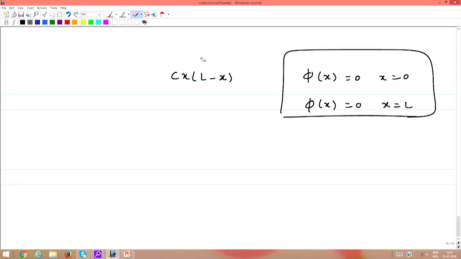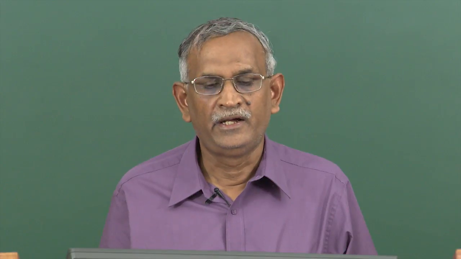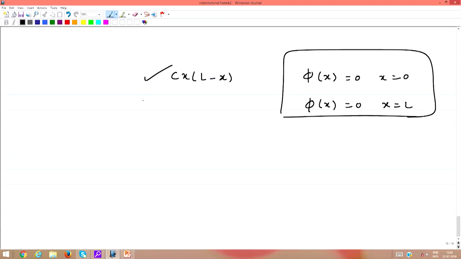So, when you see arbitrary basis functions or arbitrary wave functions, it is important to study their properties. First, verify that they satisfy all the boundary conditions for the solution. In this case, of course, it is 0, and therefore it is an acceptable wave function, but it is not an eigenfunction.